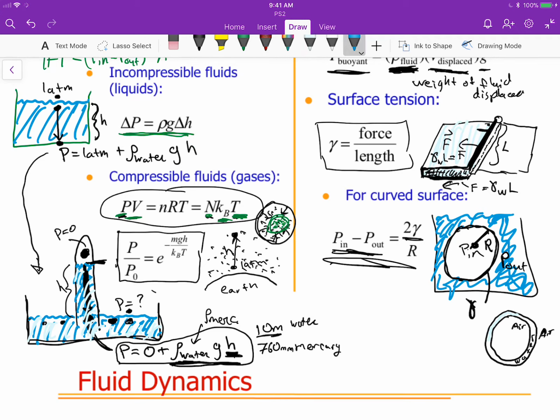One thing that people asked a lot about is going from air to water back to air. So we have two surfaces here. What's the change in pressure, P in minus P out, here? Because we have two water-air interfaces, it's actually going to be 4 gamma over r, where r is this distance here.